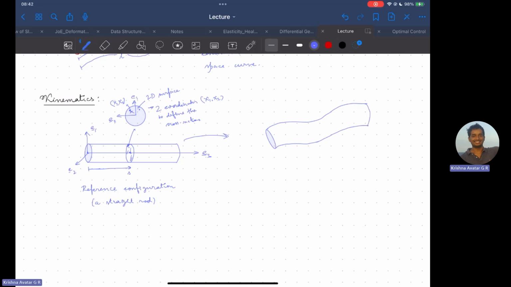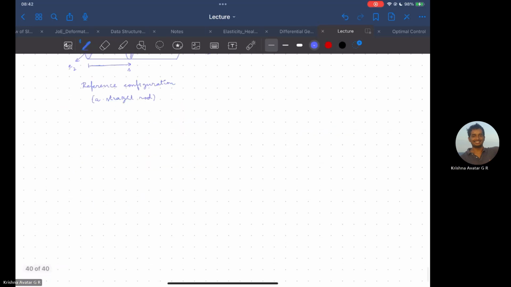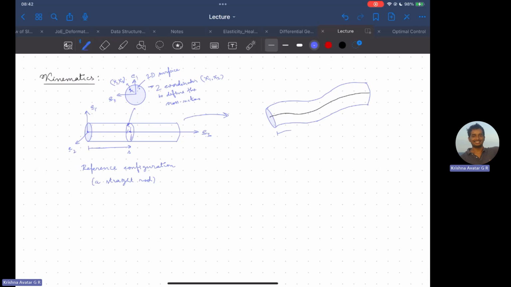Something along those lines. So we have the center line here as well. This is our center line, and at a position s of this, we have this here.